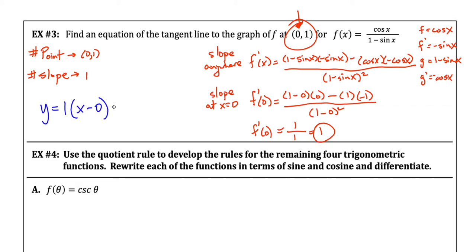Okay, so the packet had you guys write y equals m times x minus x1 plus y1. And if you want to write that way, that's fine. This is still point slope form. The way that we were kind of taught it from our textbook from Algebra 1 and Algebra 2 was y minus 1 equals 1 times x minus 0.